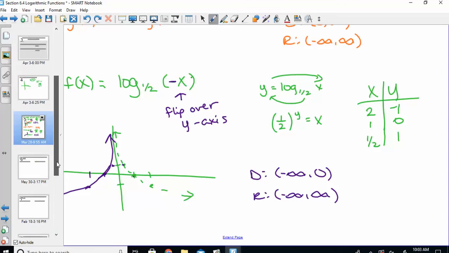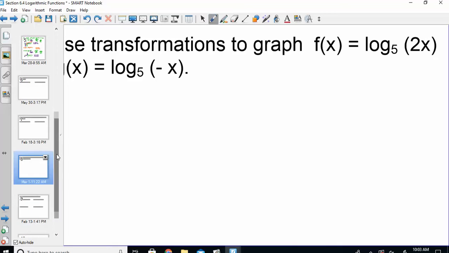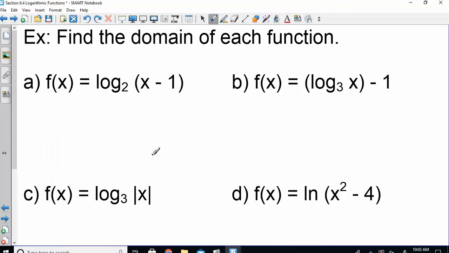Last thing I want to talk about is finding the domains of these logarithms without drawing a graph. So we've done it by drawing a graph, which is great, but you don't have to draw the graph to get the domain. Because what have we already decided with the range? The range is always negative infinity to positive infinity.